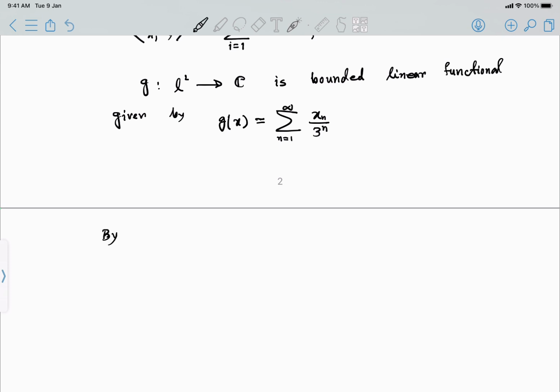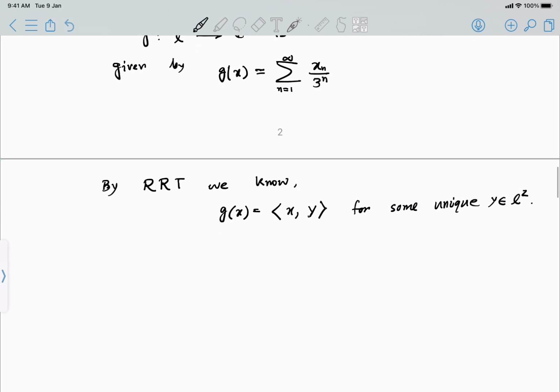By the Riesz representation theorem, which I am calling RRT, we know G of x should be the inner product of x with y for some unique y, and the operator norm of G is the same as the L2 norm of y. So what is that element?